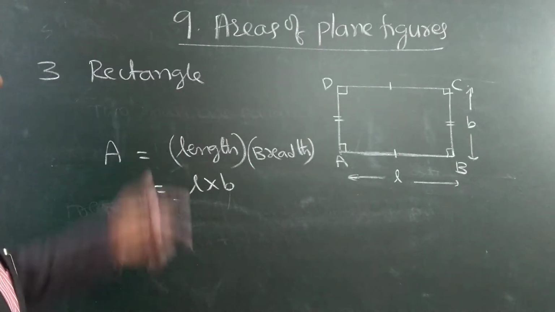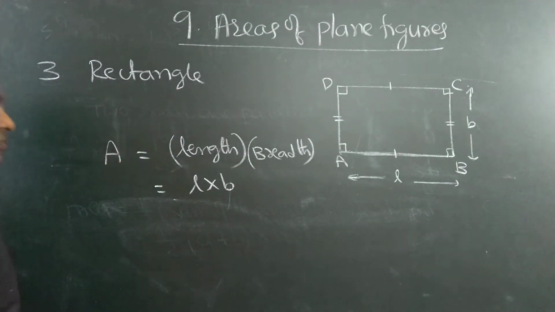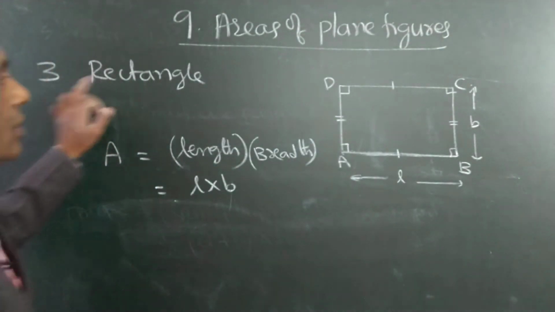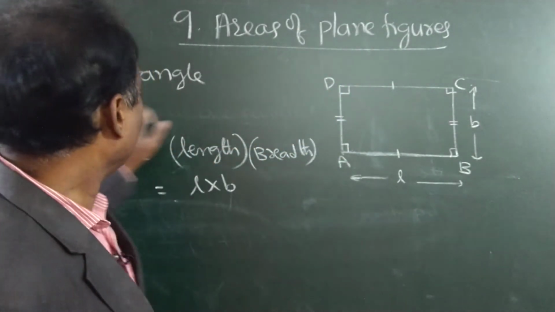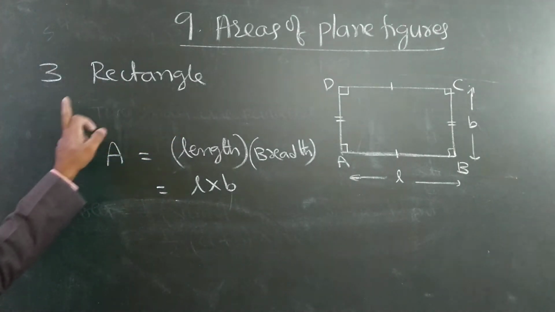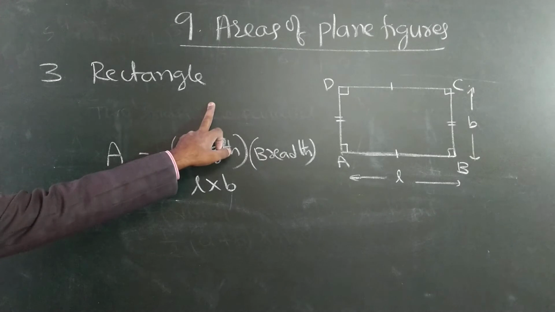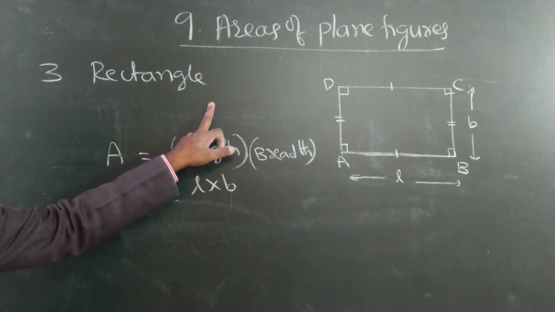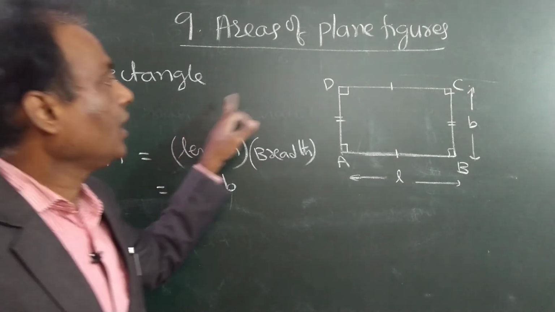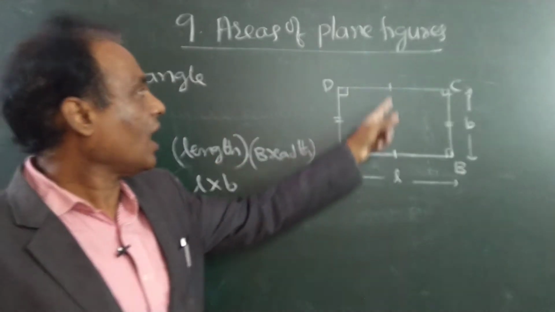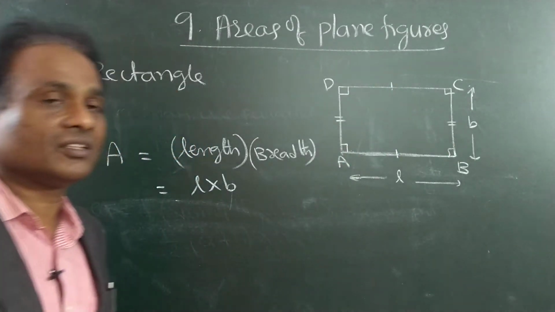Write down, rectangle. It will have four sides in which opposite sides are equal.